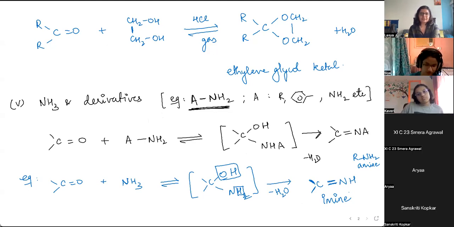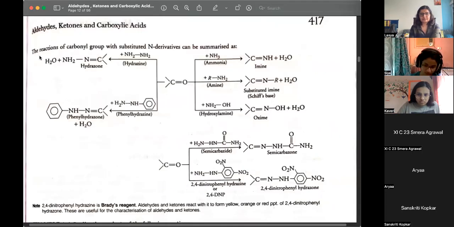There's a whole table that's given in the all-in-one. So once you've written down the general form of the reaction, I'll just display this. So note down this whole part.